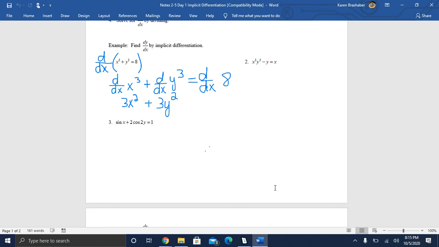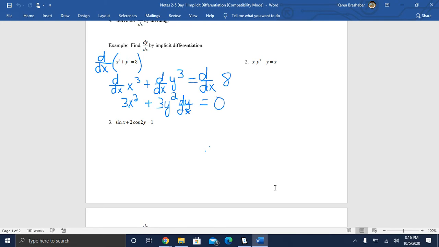That's like doing the derivative of the inside. It's a chain. And we write that as dy dx. Then on the other side of the equal sign, I have my constant 8, and its derivative is 0. So there's your calculus line doing the derivative.